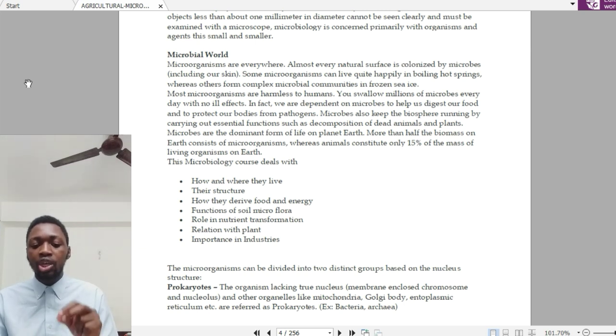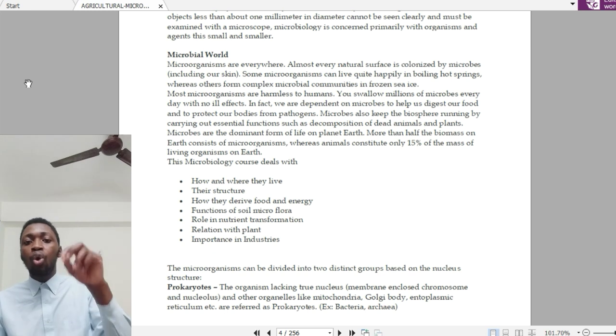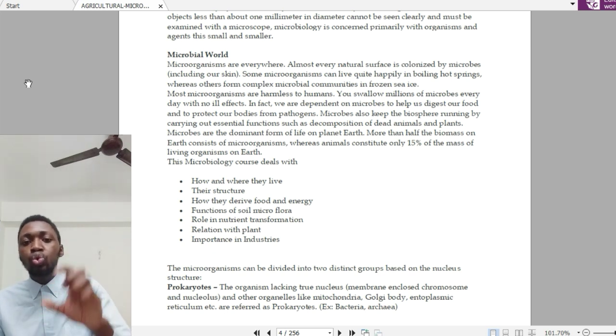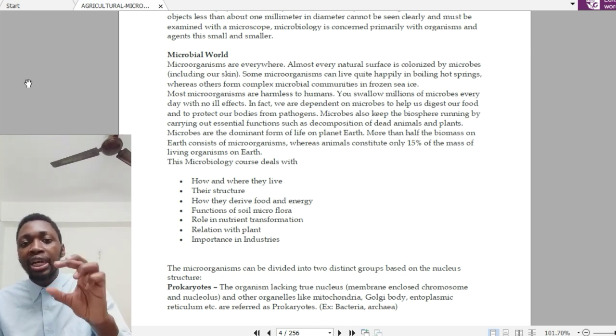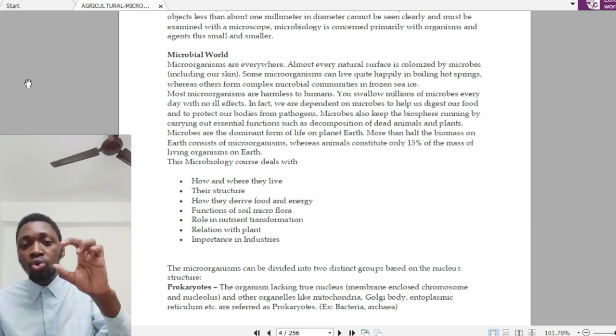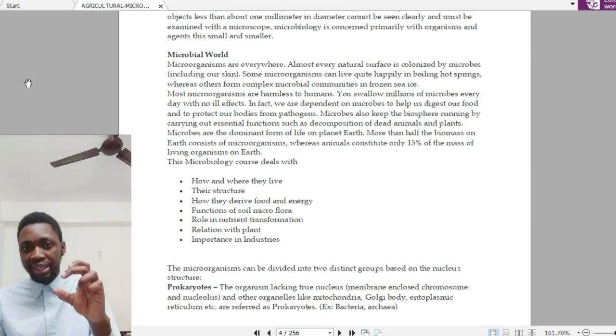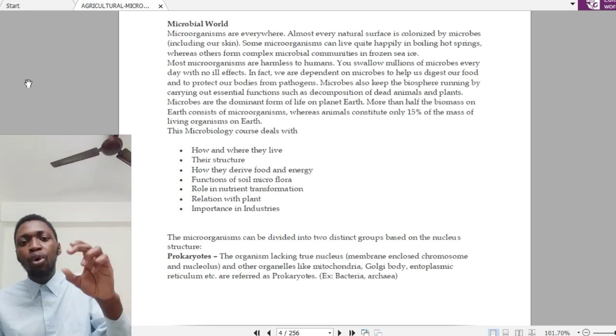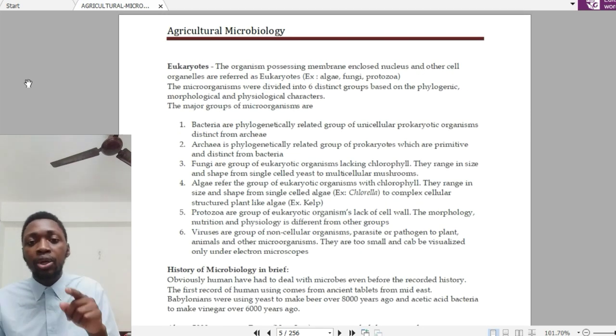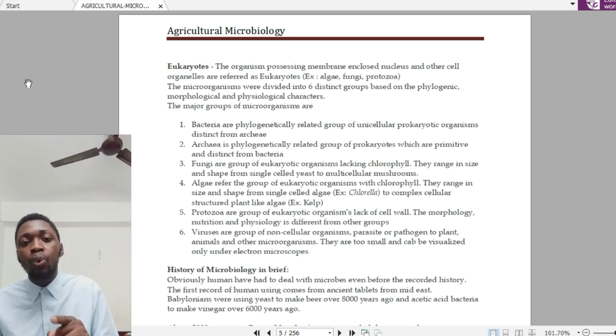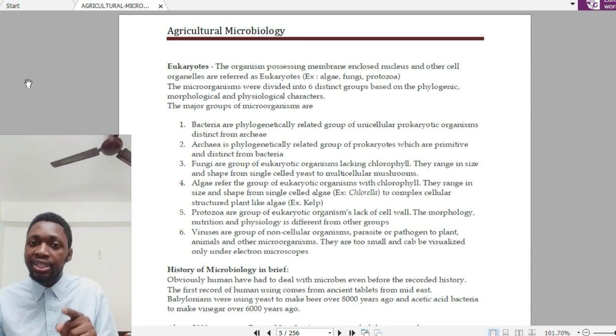They contain a true nucleus, which means that if they have a nucleus, they obviously also have the nucleolus, because the nucleolus is found in the nucleus. Is it clear? Examples of eukaryotic organisms are protozoa, fungi, algae, and so on.